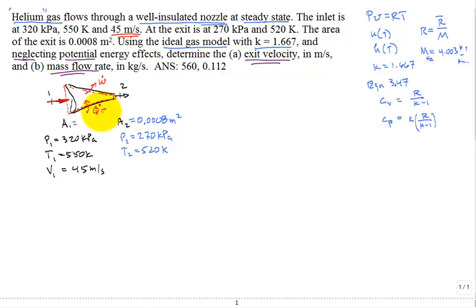Those are our standard assumptions. They do say it's well insulated, so that emphasizes that there is no Q dot for this nozzle. And by definition, a nozzle has no W dot, there's no shaft in or out. If they said it was a turbine or a pump or a compressor, then we have shaft power in or out. Then you have flow across the exit.